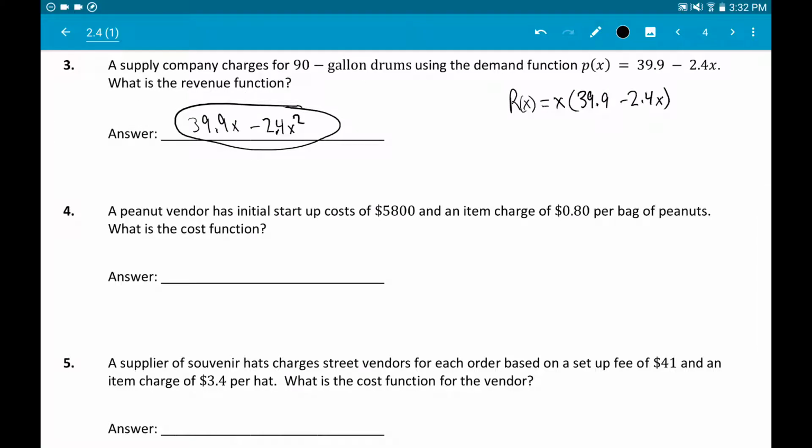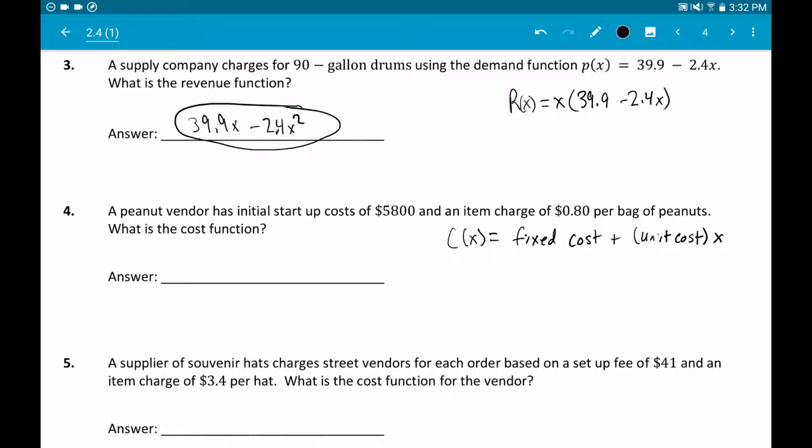Number 4, peanut vendor has an initial startup cost of $5,800 and an item charge of 80 cents per bag of peanuts. What's the cost function? In the last section, I showed you a generic formula to get a cost function. And that generic formula was your cost function is going to be any fixed cost plus your unit cost times X. Okay.